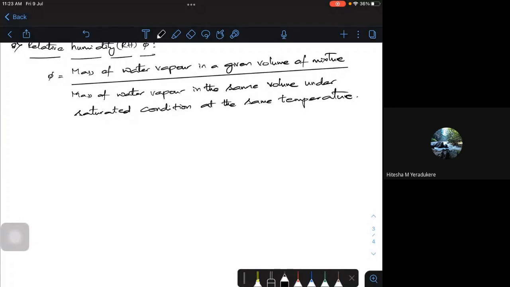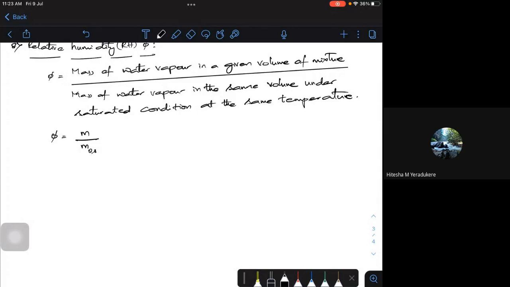What it is actually, if I try to put it, I call this the ratio of M to the mass of the same thing under saturated condition. So I call this mass of vapor under saturation, that's it. Now, I told you that both air and water vapor behave like a perfect gas.